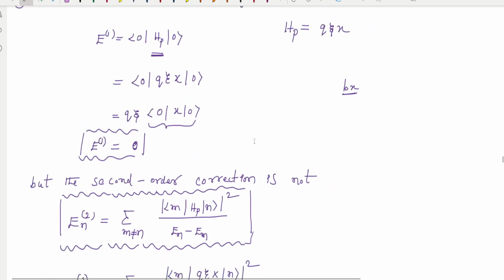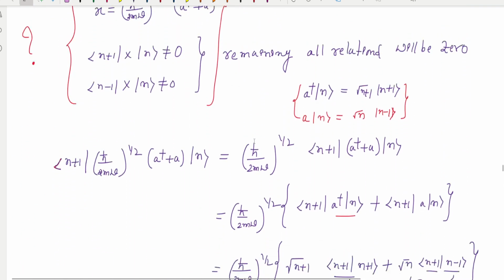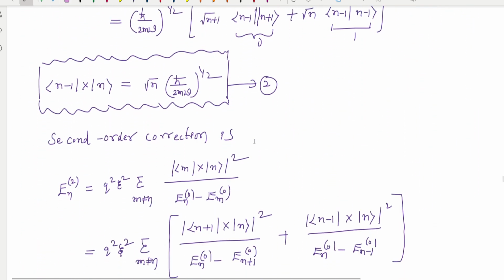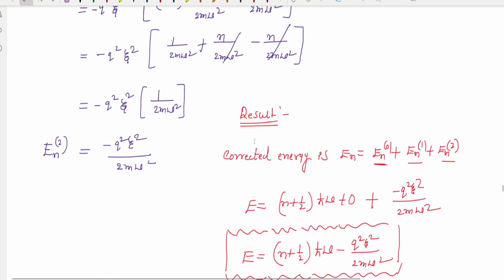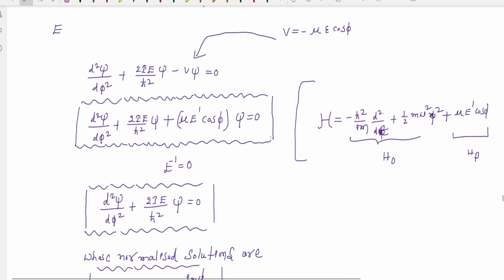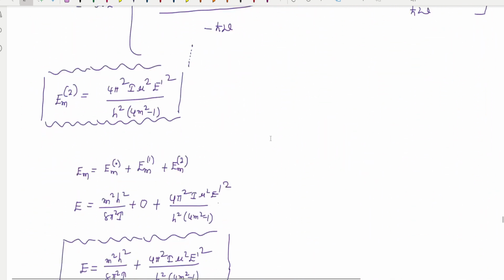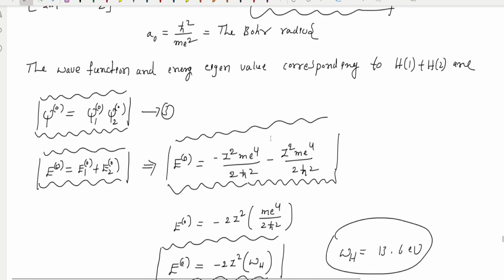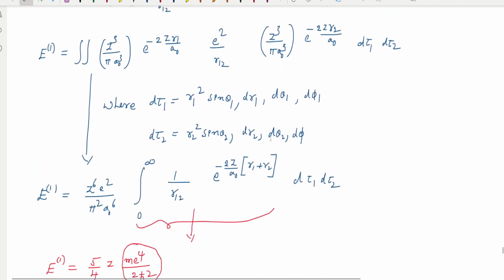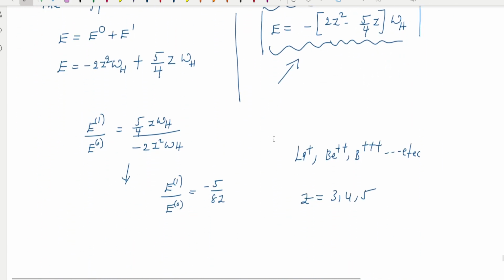Since we were discussing the non-degeneracy case, now we have to spend a little bit of time on the degeneracy energy level. So what is a degenerate or degeneracy energy level?